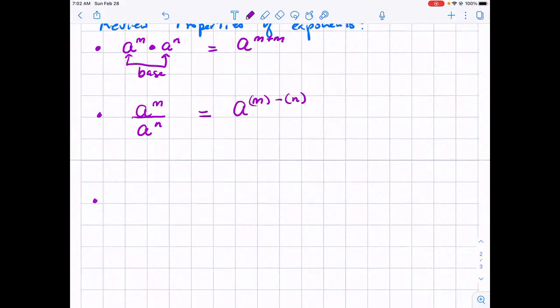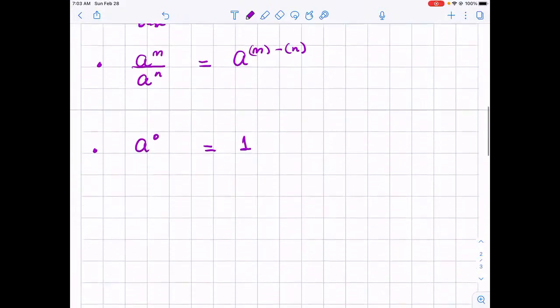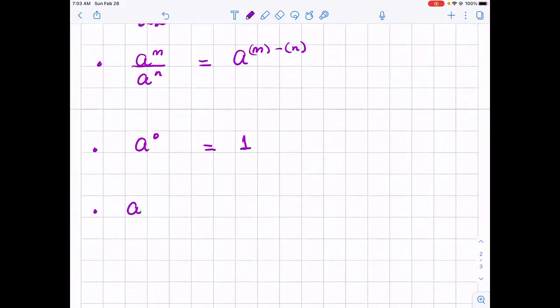If we have a to the 0 power, anything to the 0 power is 1. If we have a to the n raised to the mth power, we keep the base and multiply, or distribute, the outside power to all of the powers in the parentheses.